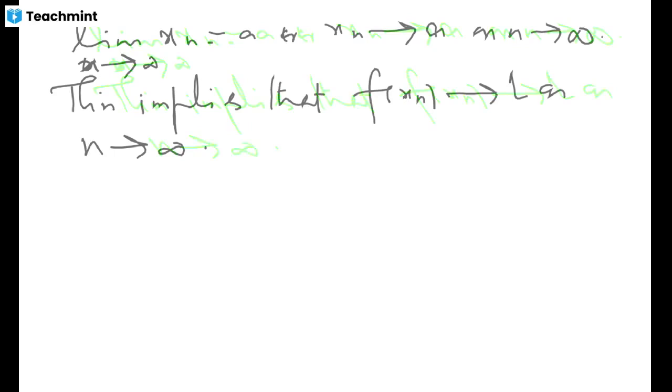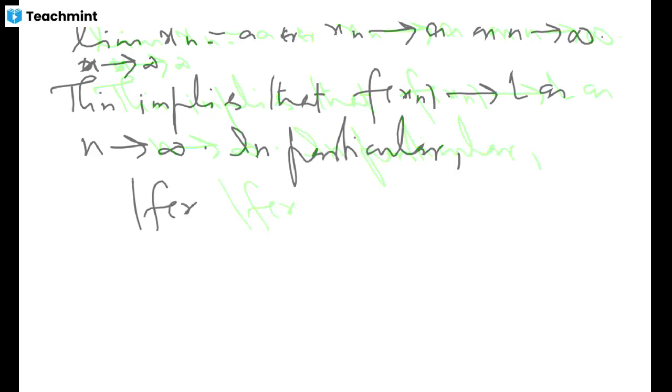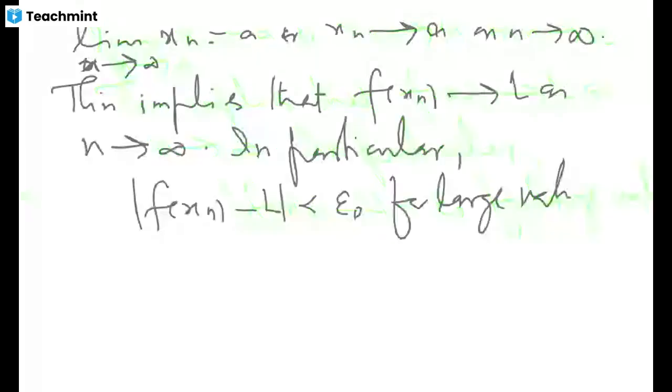That means in particular, f of xn is close to L for large values of n, or in particular, the absolute value of f of xn minus L will be less than epsilon naught for large values of n.